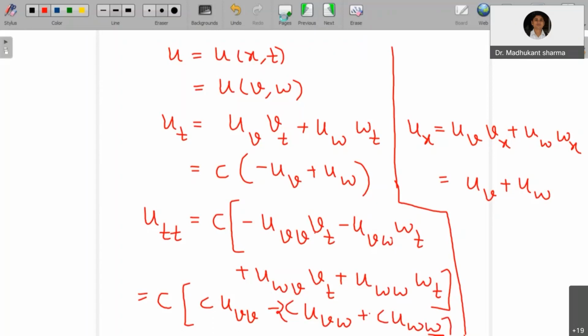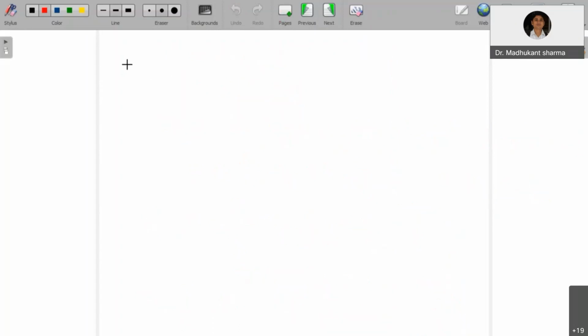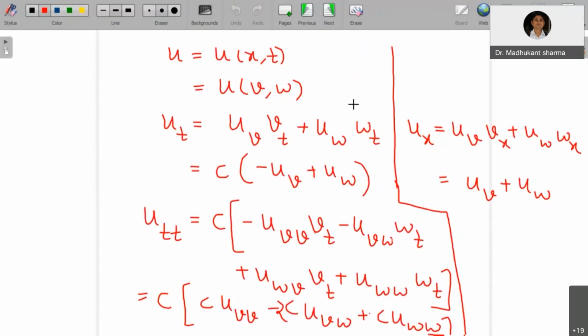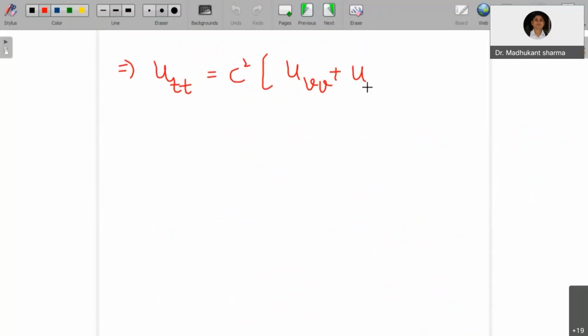So finally, this implies utt is equal to c squared times u_vv plus u_ww minus 2 times u_vw. So this is what you observe by changing the variables. Now similarly, you have to replace uxx.